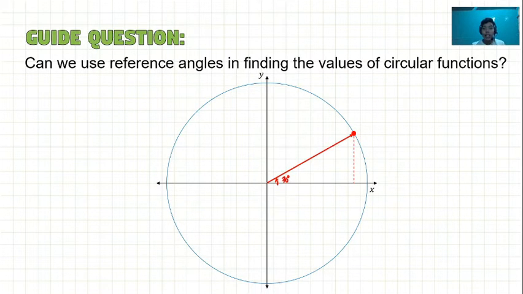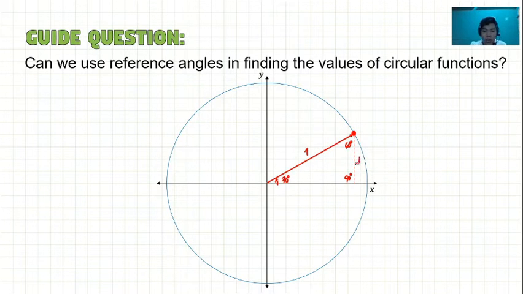I can actually have a right triangle. And this right triangle is a 30, 60, 90 triangle, right? So this is now a special right triangle. We know that the hypotenuse of this right triangle is 1 since this is an angle in a unit circle. So therefore, your shorter leg will be half of this hypotenuse, so that is 1/2.